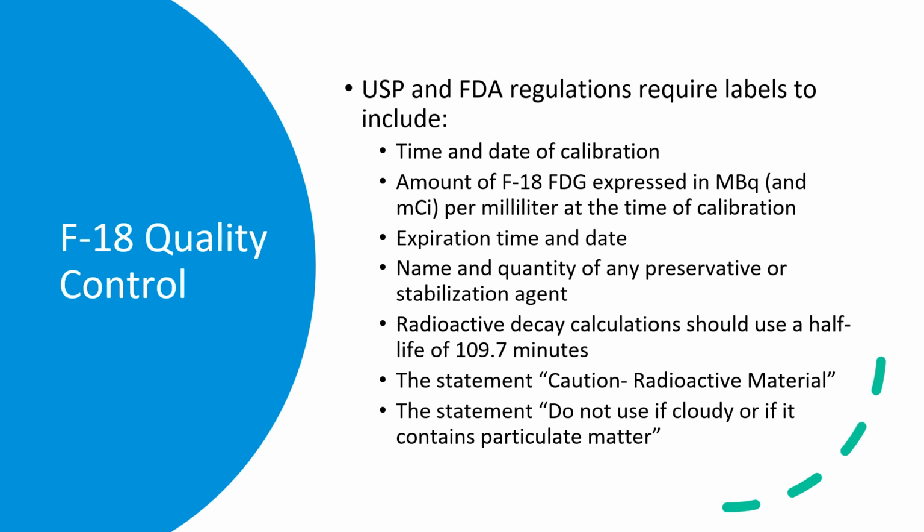The radioactive decay calculations should use a half-life of 109.7 minutes, and it must have a sticker on it that says caution radioactive material, and then they also must have a statement on it that says not to use it if it's cloudy or it contains any particulate matter.